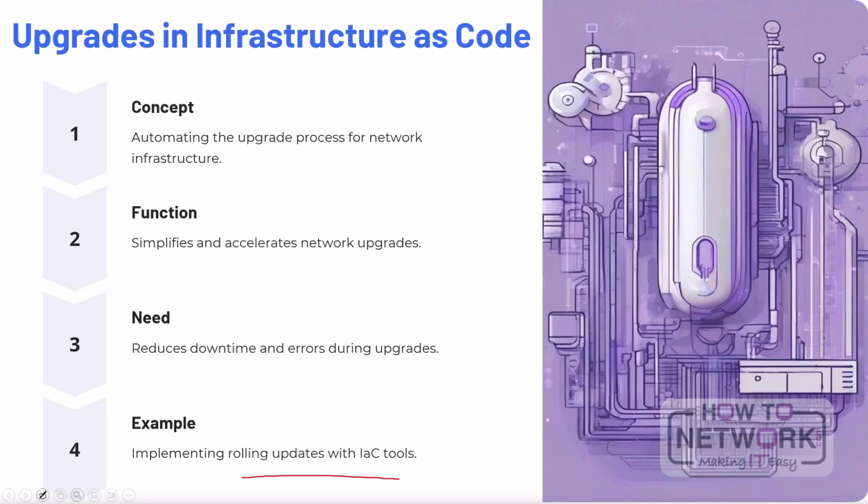For instance, in a rolling update scenario, IaC can automate the process of updating a subset of servers in a controlled manner, testing the changes, and then progressively rolling out the updates to the remaining servers. This method ensures minimal disruption to network services and allows for quick rollback if any issues arise during the upgrade.